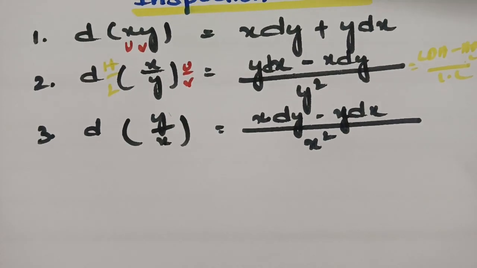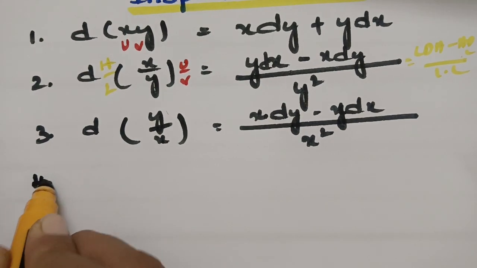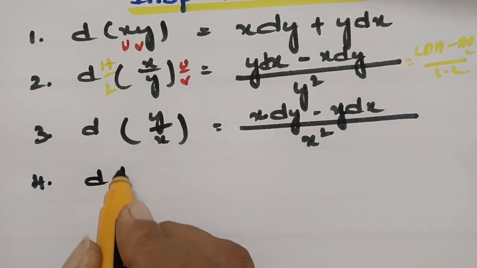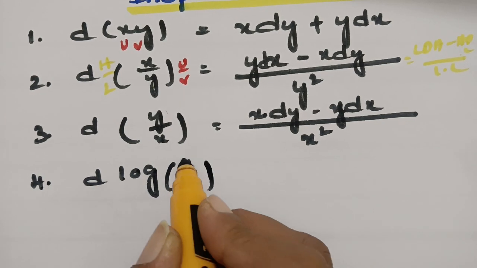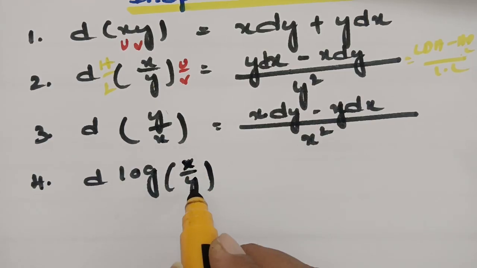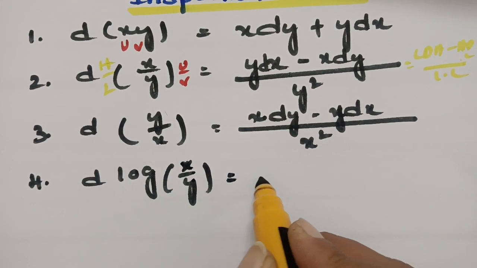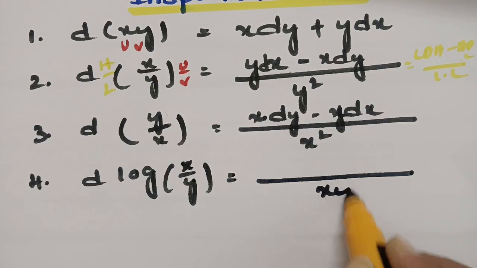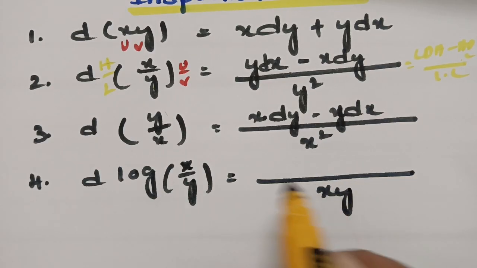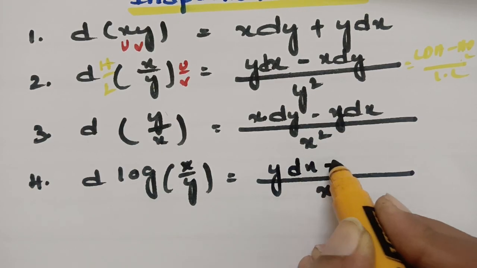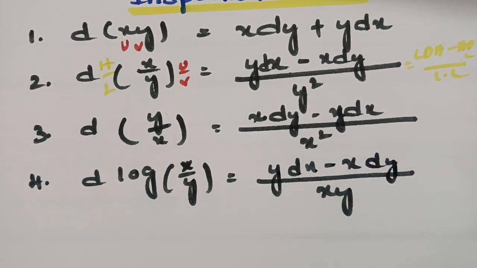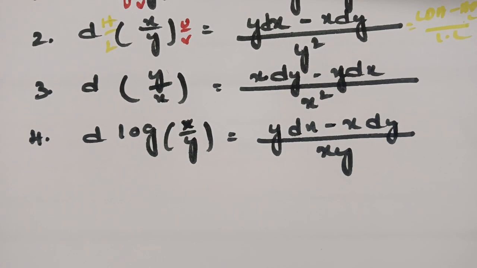The fourth one is the derivative of log of x by y. Whenever you find a fraction and it is a log, go with 1 by xy, the product. And if it is x in the numerator, go with y dx minus x dy. This is the easy way to remember.